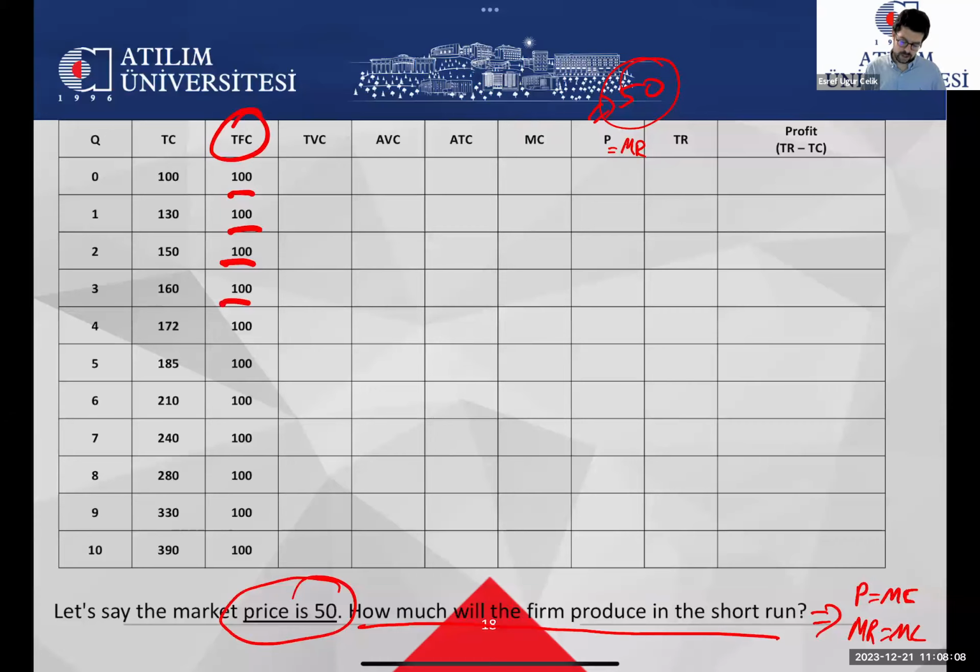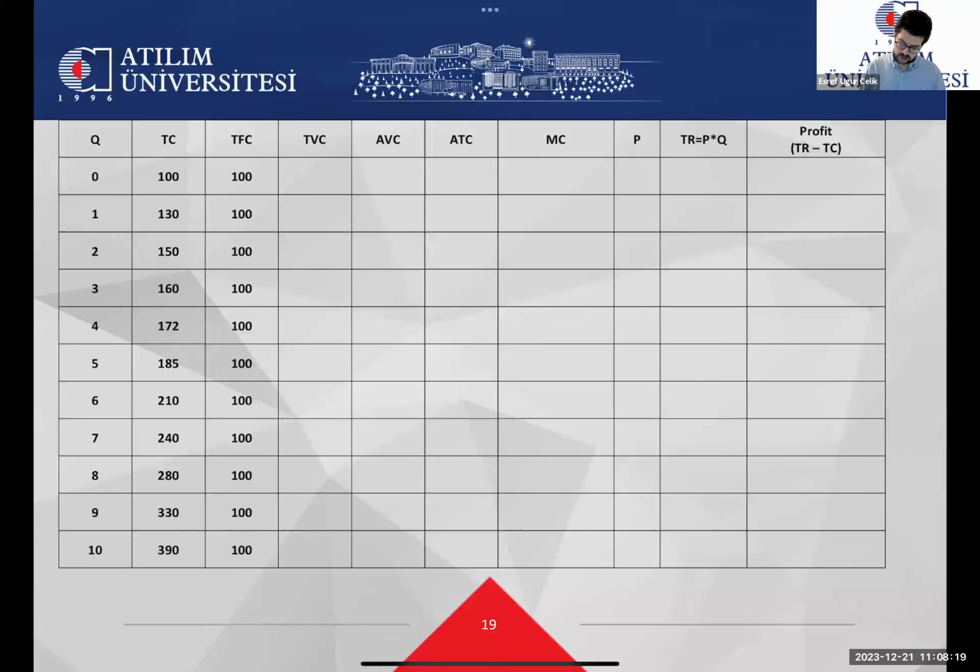And the first formula is total cost equals total variable cost plus total fixed cost. So 100 equals 0 plus 100. But before that, in the question, I give the price.